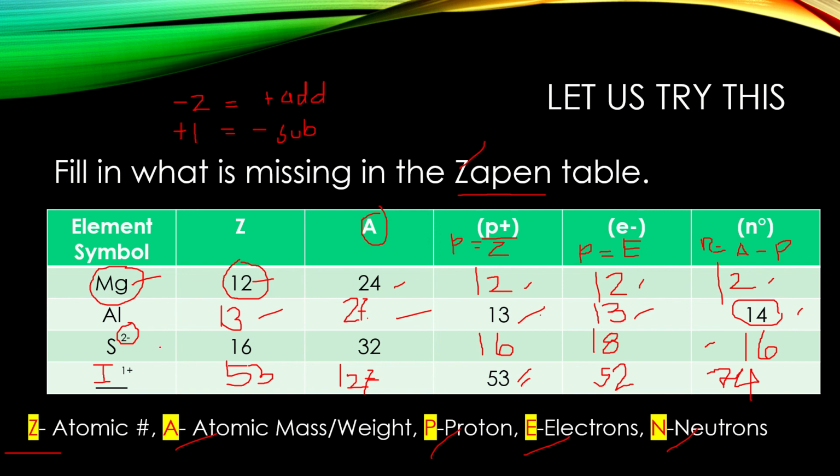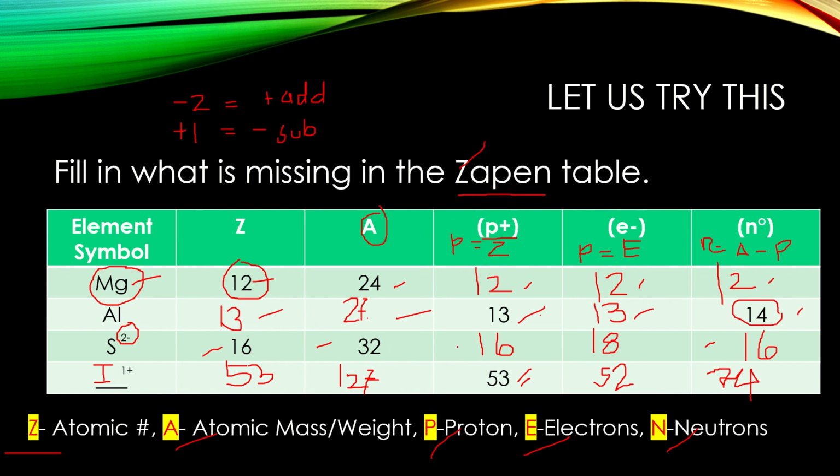Look for the element sulfur and find what number it has. So sulfur has atomic number 16. So how can we find the atomic mass? Please check in your periodic table the atomic mass of sulfur. Please round it off. So if it's 31.9, it will be 32. If 32.1, it will be 32.